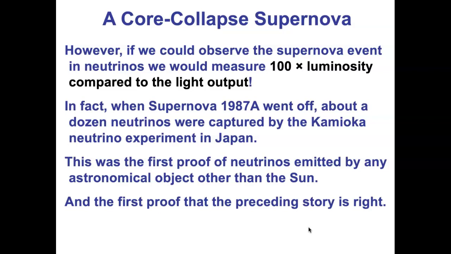And the funny thing is that in 1987, there was this neutrino experiment going on in Japan called the Kamioka experiment. Kamioka was a big device built to detect neutrinos, buried under a mountain in Japan. Why would you bury an experiment under a mountain? Because then you have all this rock on top of you to shield particles.